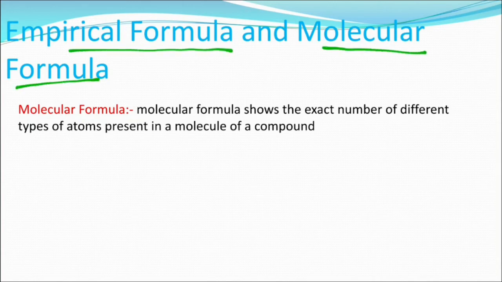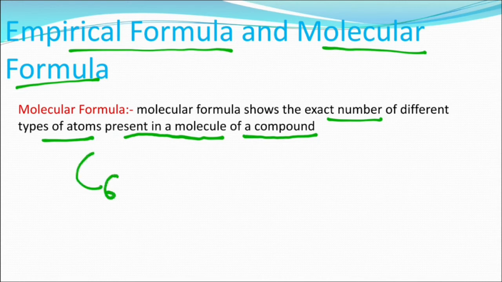I think that you all are very clear about the molecular formula. What is molecular formula? The molecular formula shows the exact number of different types of atoms present in a molecule of a compound. For example, glucose, C6H12O6.